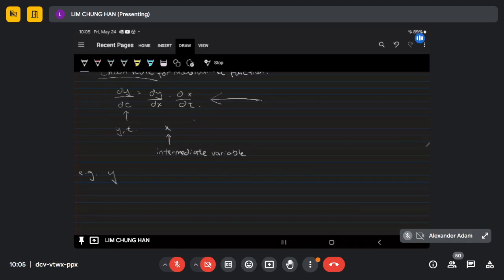Let's say I have y equals 3x to the power 4. I can solve this normally, but because the power is outside, I can also use the chain rule.